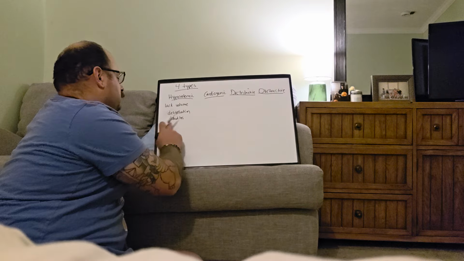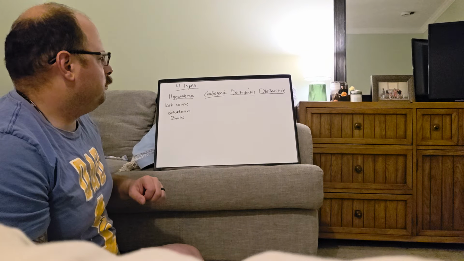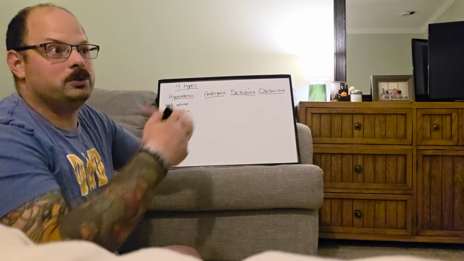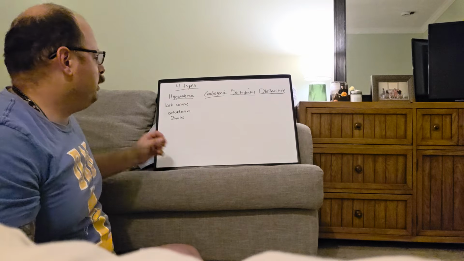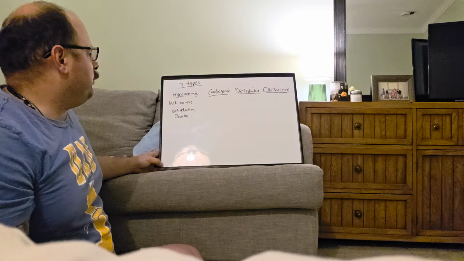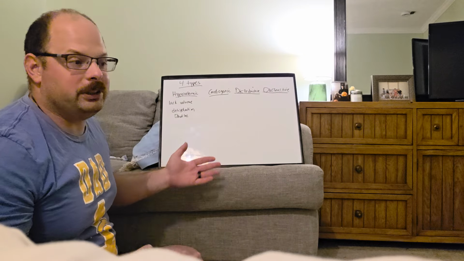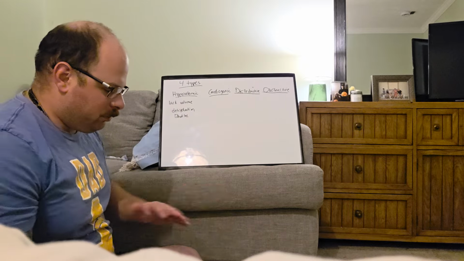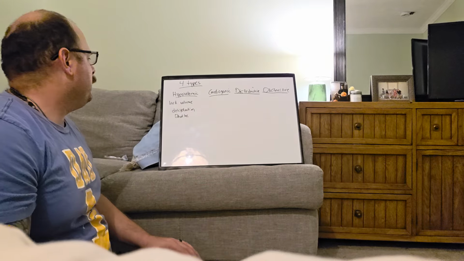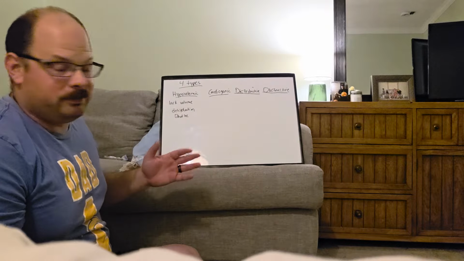This is the most well-known, most recognized type of shock, the traditional type of shock that we're all used to treating and recognizing at the very basic level. That's what most people think of when they think of shock.